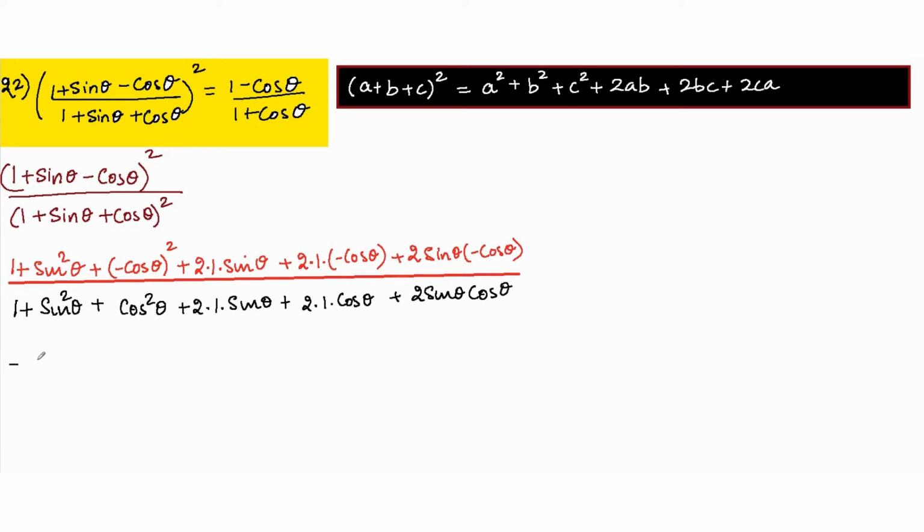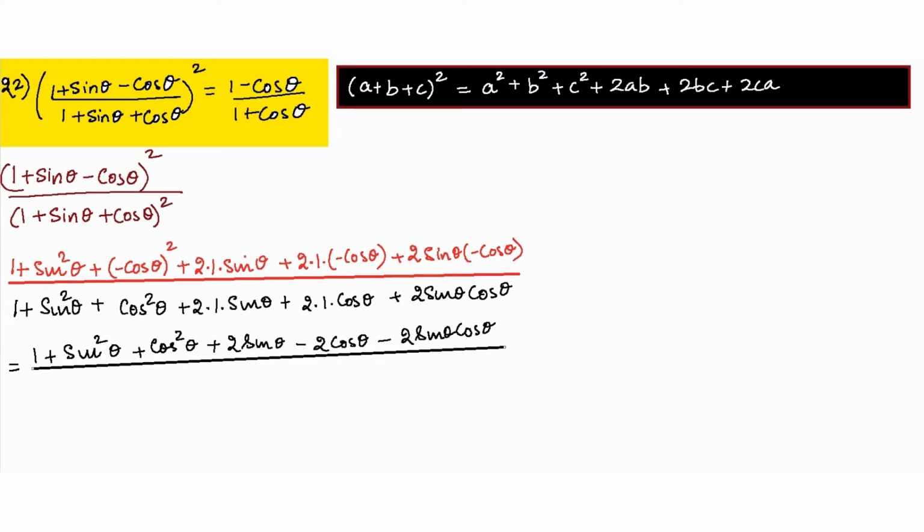So therefore this becomes 1 plus sin square theta plus negative cos theta the whole square is cos square theta plus 2 sin theta minus 2 cos theta minus 2 sin theta cos theta the whole divided by sin square plus cos. So again 1 plus sin square theta.